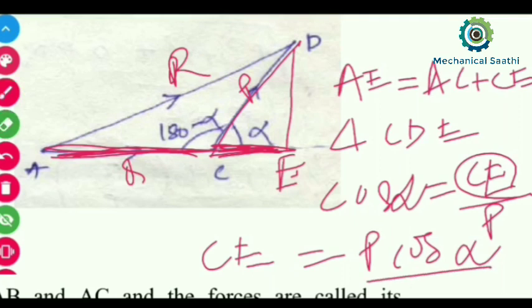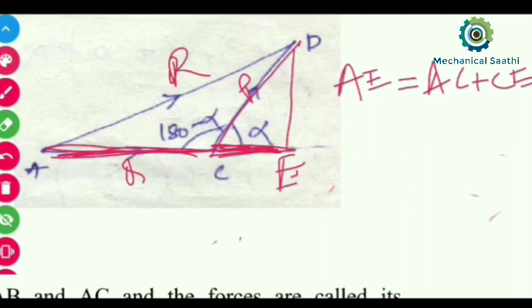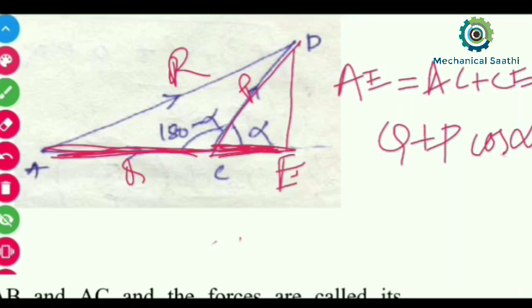So now let us put all these values in the A. A can be written as Q plus P cos alpha, and DE we have already calculated, that is P sin alpha.